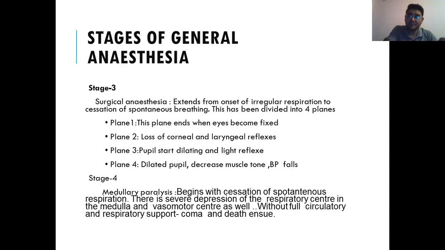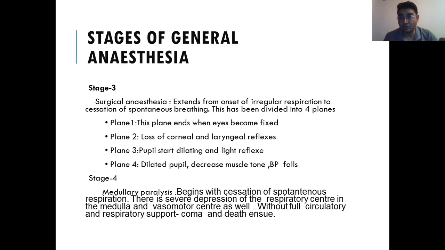The third stage is surgical anesthesia. It is the stage in which we can do our operation and procedure, and it extends from the onset of irregular respiration to cessation of spontaneous breathing. This stage has been divided into four planes. In this stage respiration will be irregular, and at the end of this stage, respiration will stop totally.